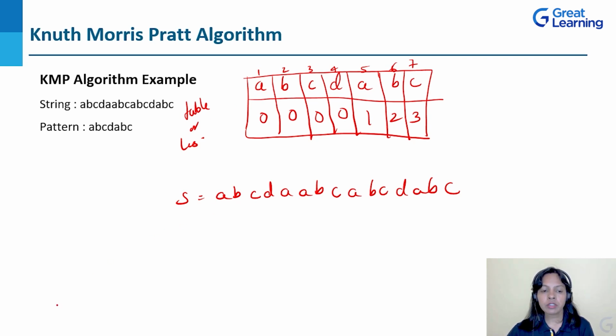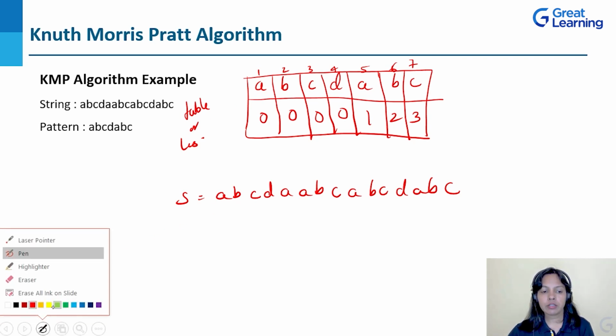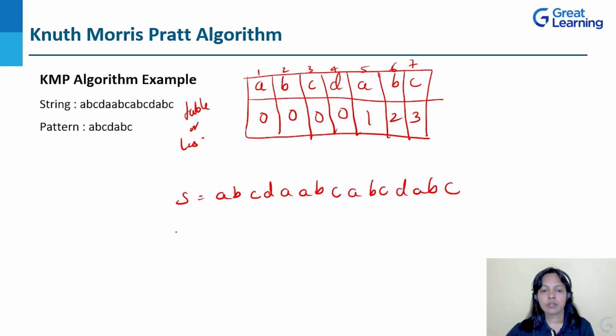So let me change the pen color to make it a little clearer. I and J, two pointers I'm going to use. I will be pointing to the first character of the string and J will be pointing at the 0th index. The first character of the pattern is at index 1, so J will be pointing one before that. This is just the starting point for the pointer in the pattern.